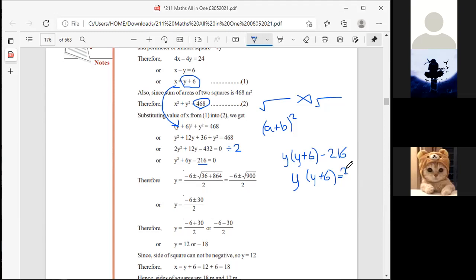Now tell me, what do I do? Open the bracket, or write y is equal to 216 divided by y plus 6. Can I write it like that? Yes or no?